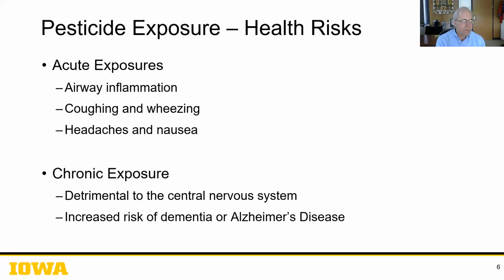And that's where, especially in the chronic level exposures, the CNS effects come out with even upwards of increased risk of dementia, Alzheimer's disease, Parkinson's, and others, especially to the insecticides. And even current research here at Iowa is looking closer and closer at the herbicide issue as well in terms of their effects. So it's an obvious need to protect workers.